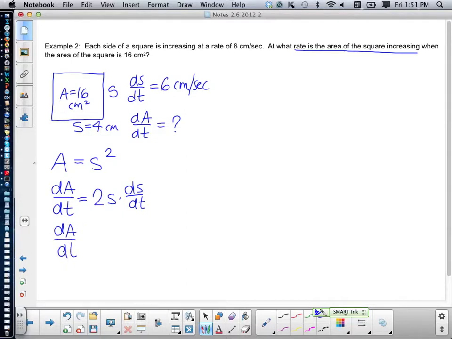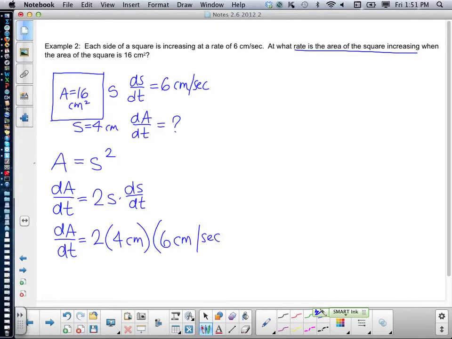And then we have 2 times the length of the side is 4 centimeters. And the rate of change of the side is 6 centimeters per second.